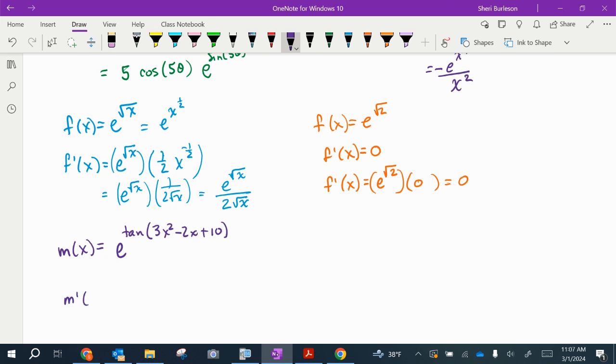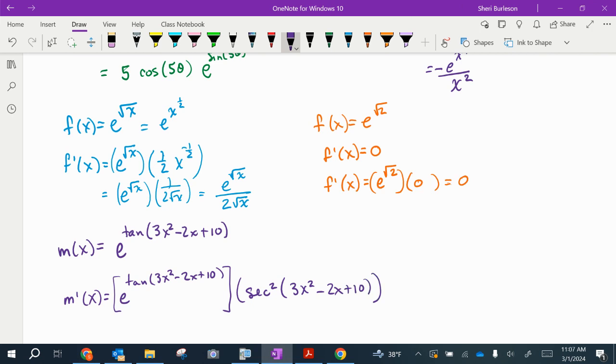So m prime of x is derivative of e to anything is e to the anything. And now I'm working on my chain rule. So then the derivative of tangent is secant squared of whatever the tangent was of.